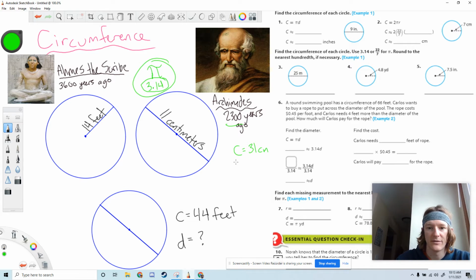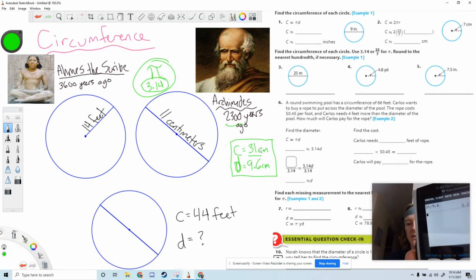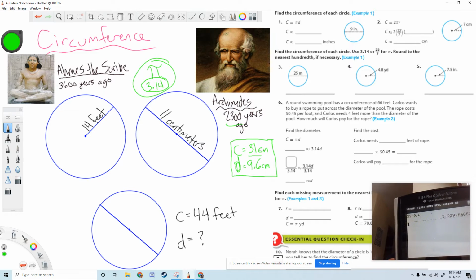So if that's what my diameter is, 9.6 centimeters, now I want to take these two numbers and I just want to find out their ratio. So I want to divide them. So I'll just get my calculator. We'll do 31 divided by 9.6. And I should get a number pretty close to pi. I got 3.22.